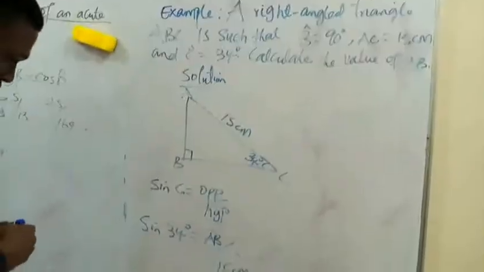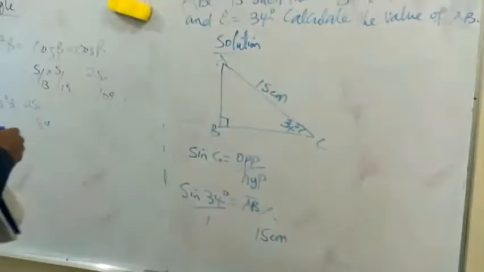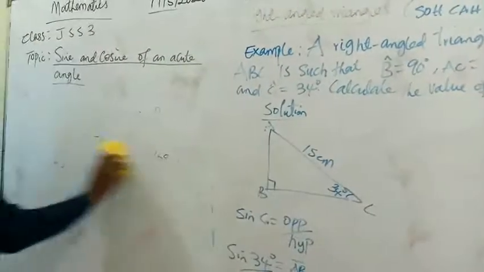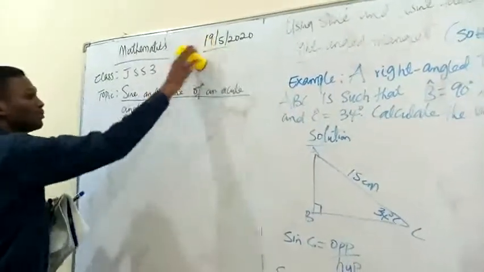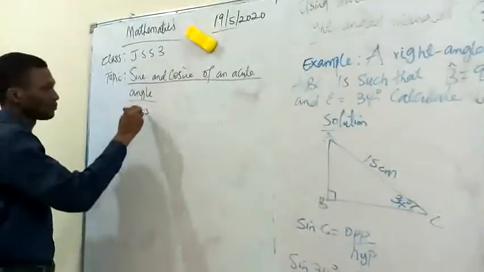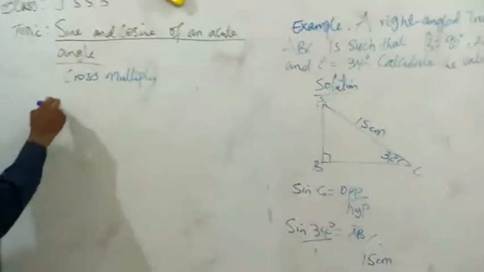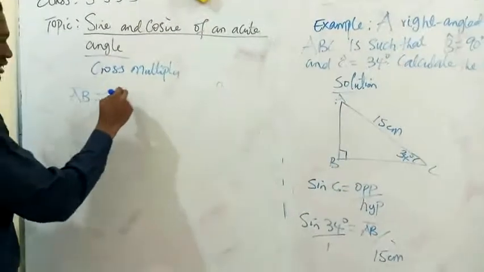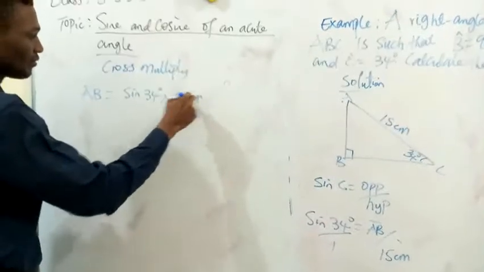So we cross multiply, just like saying all over 1. Once we cross multiply, we now have line AB equal to sine 34 degrees times 15 cm.